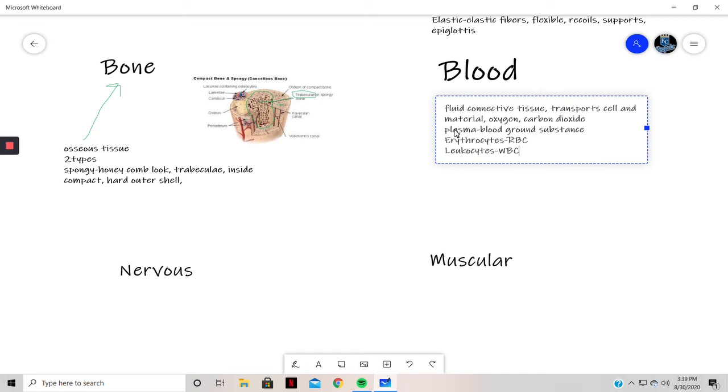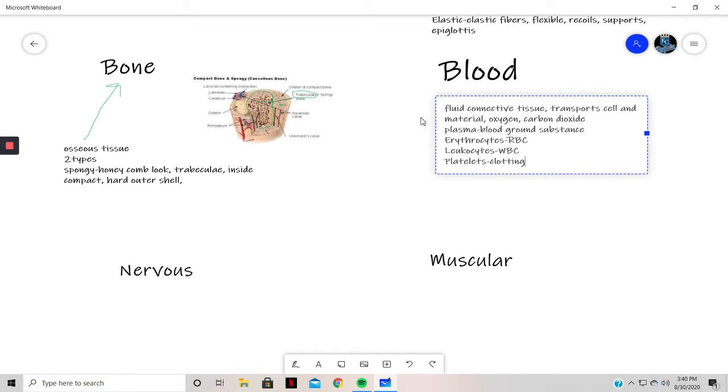When you get to ANP2, you'll talk all about that immune system. And of course, saving the best for last, the platelets. And that's where clotting comes into play. Okay, so that's some things about blood tissue.